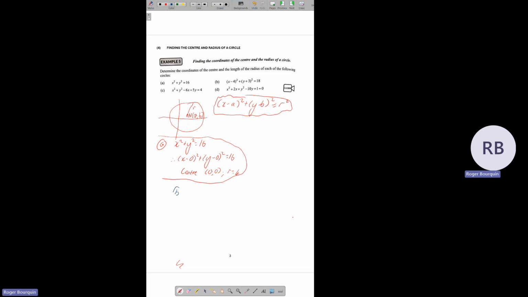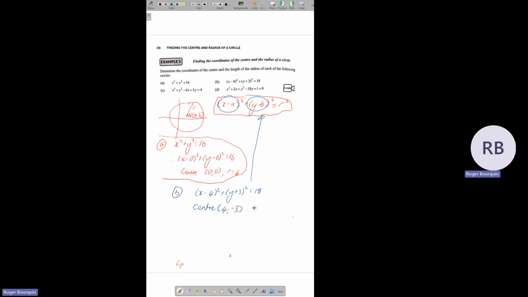For b, we've got (x minus 4) squared plus (y plus 3) squared is equal to 18. If we link it to that formula, remember the center in an equation, because that's a negative, it's the opposite sign. So your center is going to be (4, minus 3).